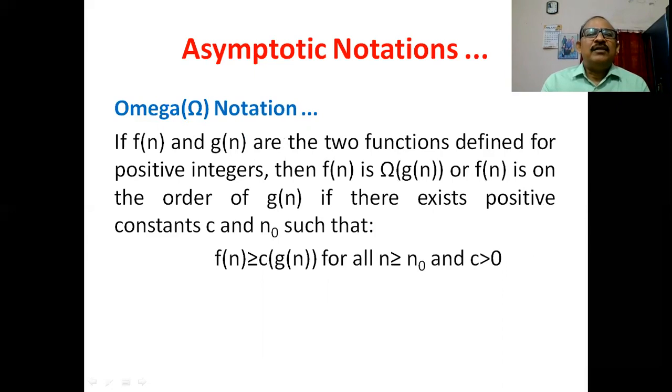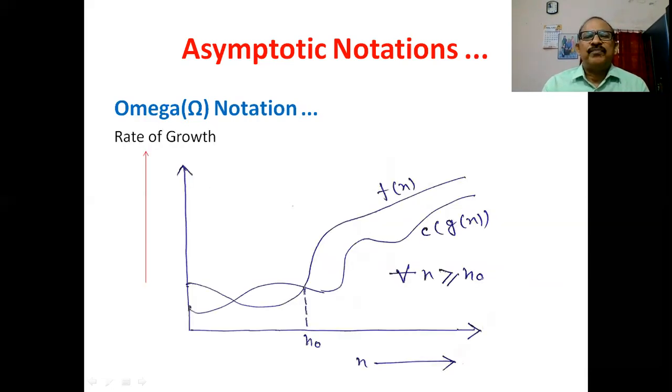Again, we can define the omega notation as follows. If f(n) and g(n) are two functions defined for positive integers, then f(n) is omega of g(n) if there exist positive constants c and n0 such that function f(n) is greater than or equal to c times function g(n) for all n greater than or equal to n0, and c is greater than 0.